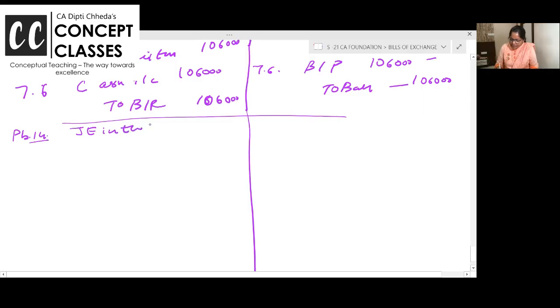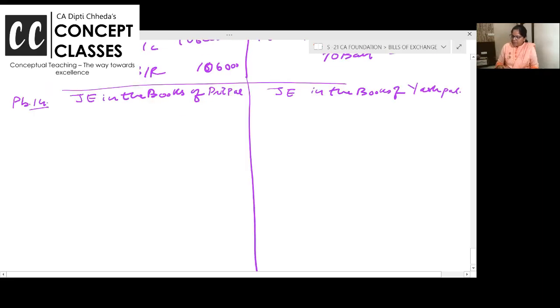Journal entries in the books of Pritpal, drawer. Journal entries in the books of drawee. Who is the drawee? Yashpal. Again, I want to say there only 3 entries will come because whatever action I am taking, they are not going to bother.